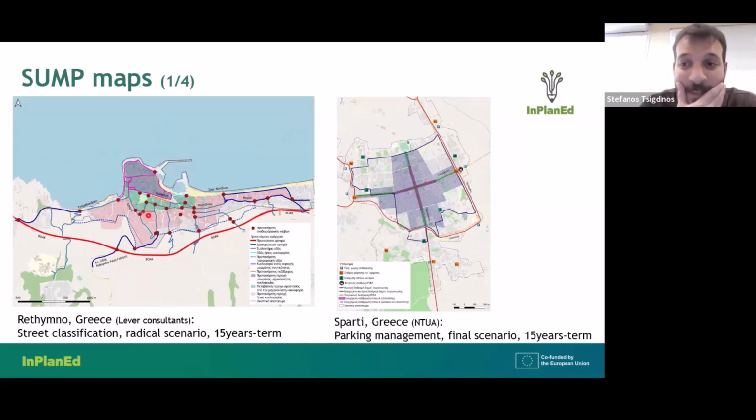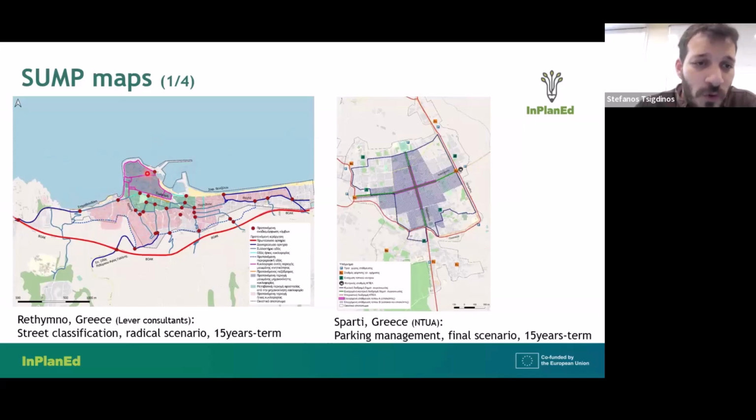And what we can see is the radical scenario. We have two scenarios in its SUMP here in Greece: a not so radical, more conservative one, and then a radical one. And this is for a 15-year term, 15 years from now, let's say. Here, the radical solution, what does it achieve? It achieves many traffic-calmed areas, the neighborhoods.